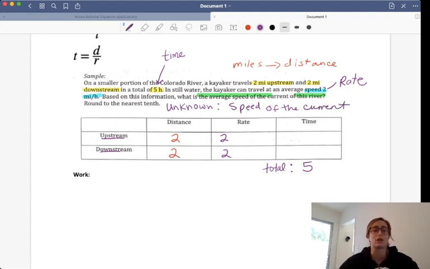Now, I have to think, okay, when I'm going upstream, am I going to be going slower or faster? Okay, going upstream, the current is working against us. So upstream is going against. So that's going to be slower.